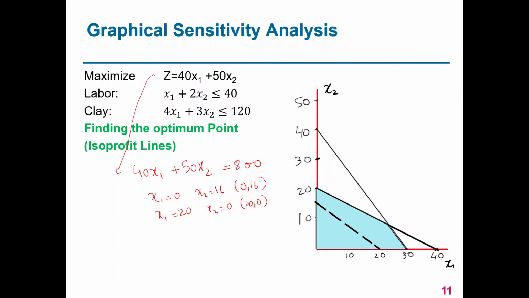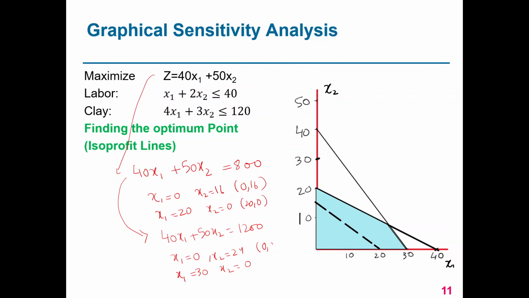line. And in a similar fashion, if I put this objective function equal to another arbitrary value, let's say 1200, then it gives me 2 points. x1 is equal to 0, x2 equal to 24, and if x2 is equal to 0, x1 is equal to 30.